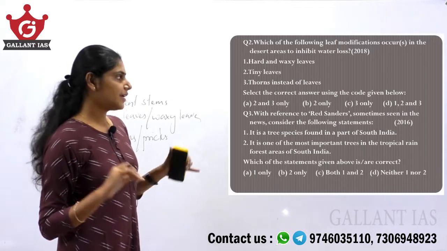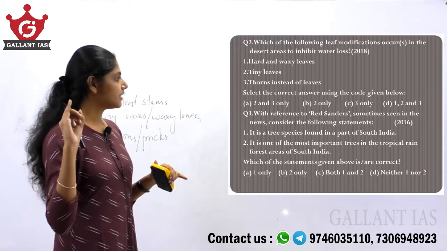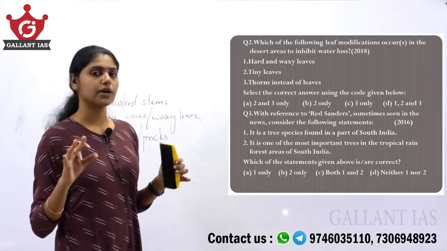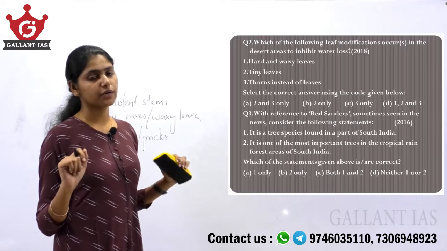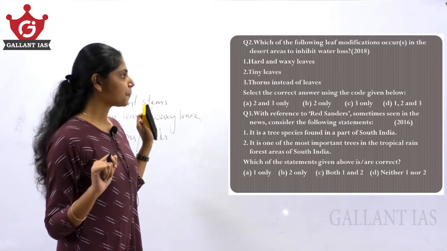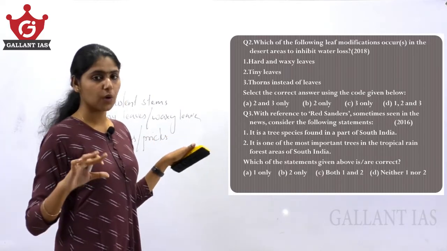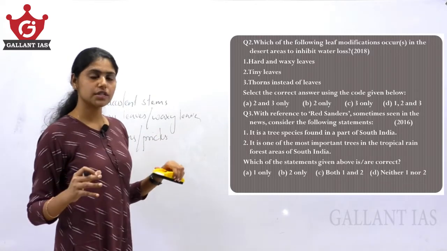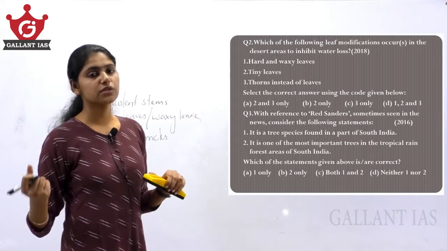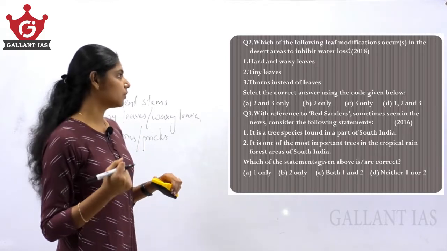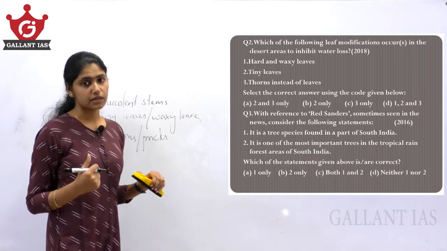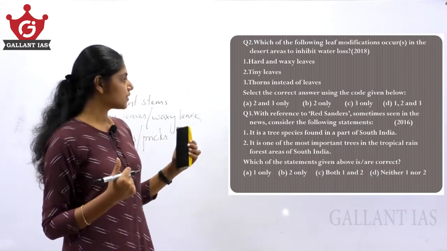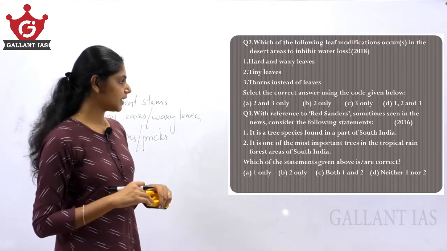So here hard and waxy leaves, tiny leaves, thorns instead of leaves are all adaptive features that you can see in the plants in desert areas. They are making these adaptive features in order to reduce the loss of water, or we can say in order to conserve the water. So here the answer is option D, 1, 2 and 3.